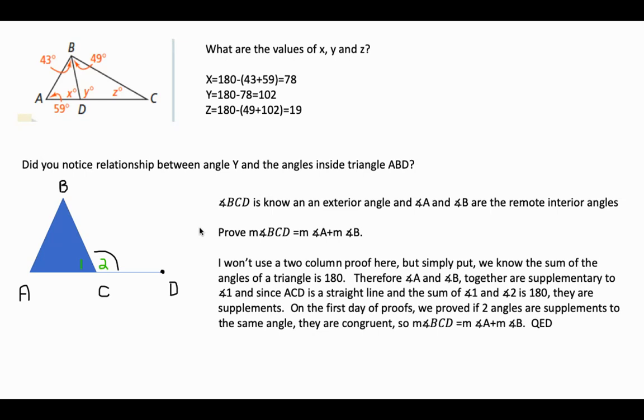And since ACD is a straight line, 1 plus 2 is also 180. And they're supplements. Now, if you recall on the first day of proofs, we proved if two angles are supplements to the same angle, they are congruent. So angle BCD is congruent to angle A plus angle B. The exterior angle is equal to the sum of the remote interiors.